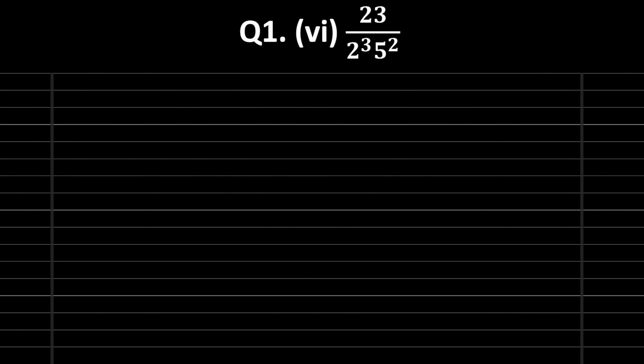Now, this is the sixth subpart of question number 1. Here, luckily, the denominator has already been given in the form of prime factors, right? So, prime factorization has already been done. 23 upon 2 raised to 3, 5 raised to 2. So, clearly we can observe that in the prime factorization of the denominator, we have only 2 and 5 as its prime factors, right?